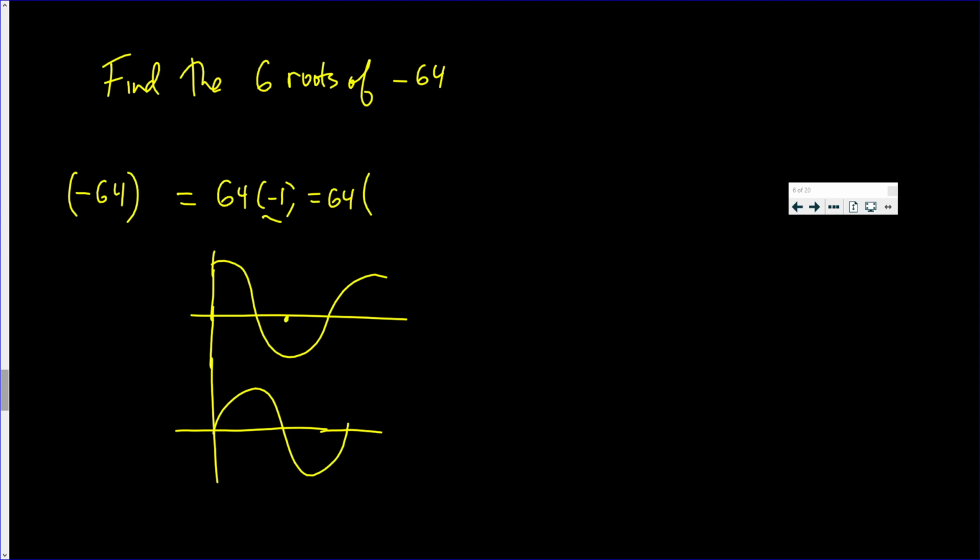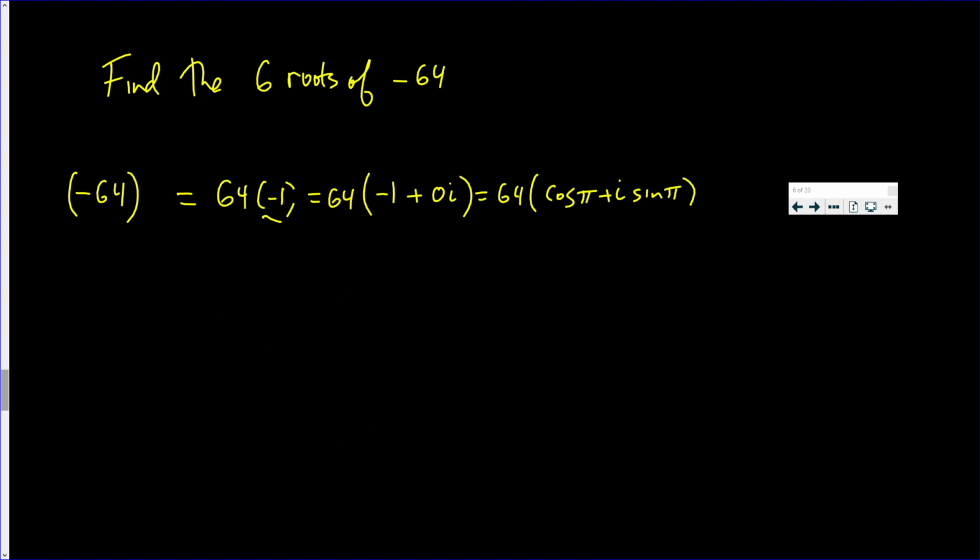Well, at pi, the cosine is negative 1, and the sine is 0. I knew this before I did this. I want negative 1 plus 0i. And it turns out that the cosine of pi is negative 1, and the sine of pi is 0, times i is 0i. Okay. So I was able to write negative 1 in cis form.